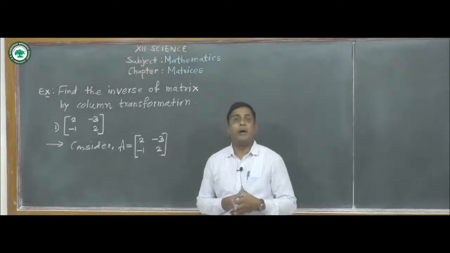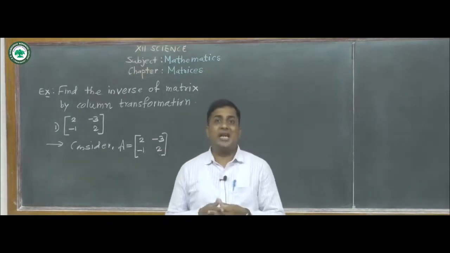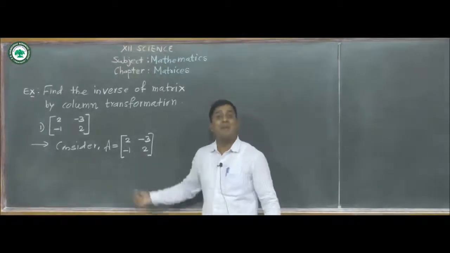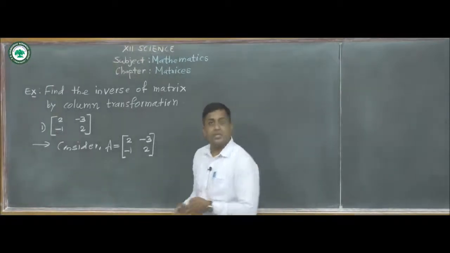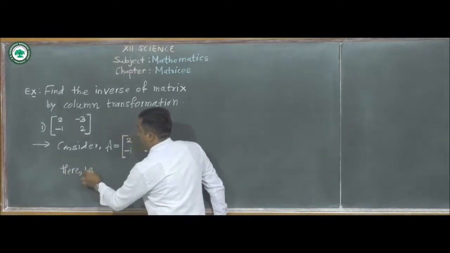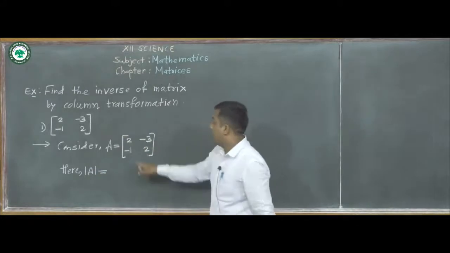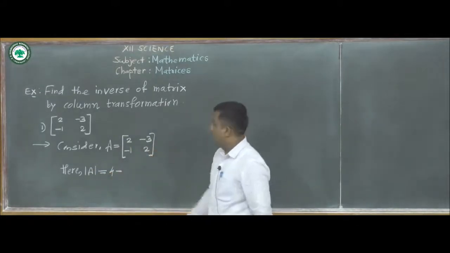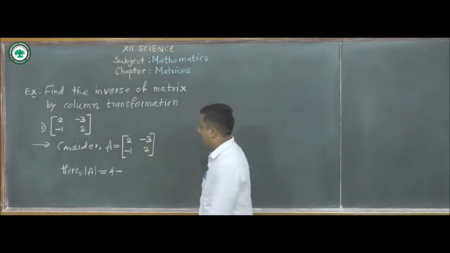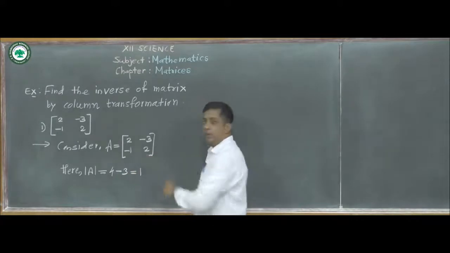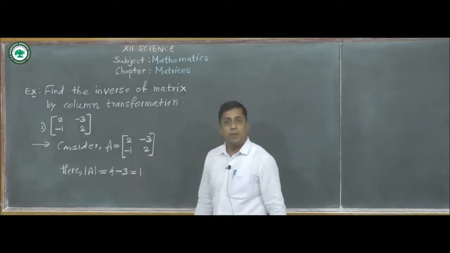Firstly, we check whether the inverse of the given matrix exists or not, and to check this we consider the determinant of the given matrix. So determinant of A is equal to 2 into 2 is 4, with minus sign, then minus 1 into minus 3 is plus 3, and this is equal to 1, since 4 minus 3 is 1.